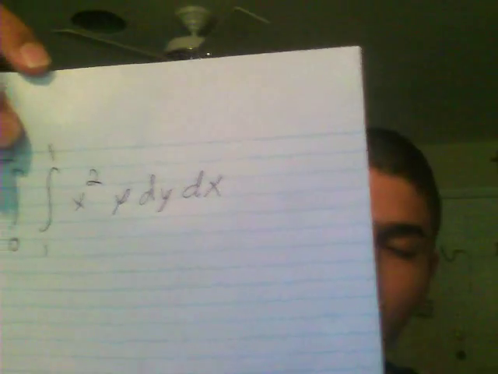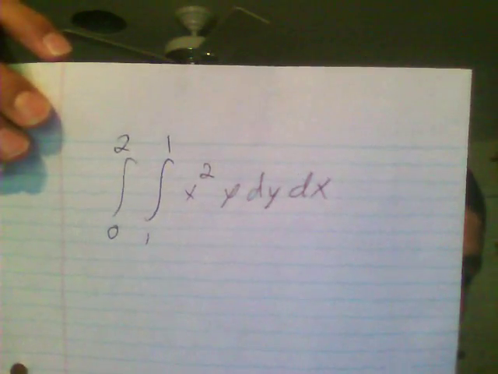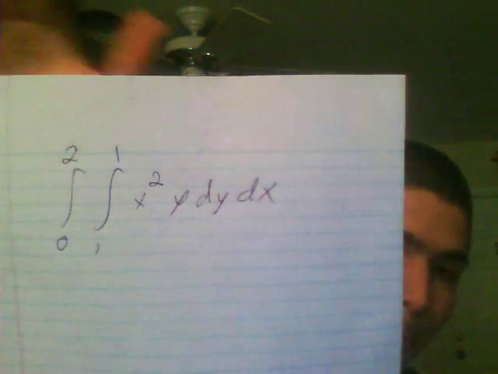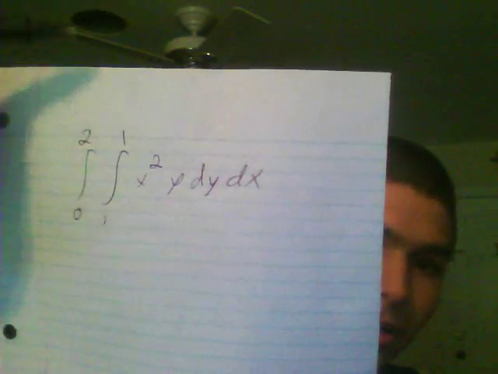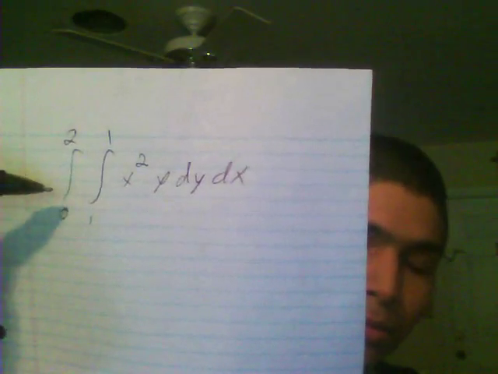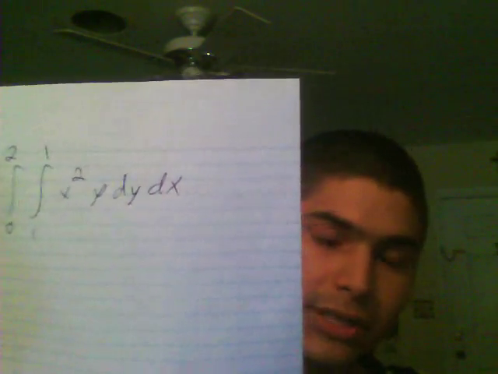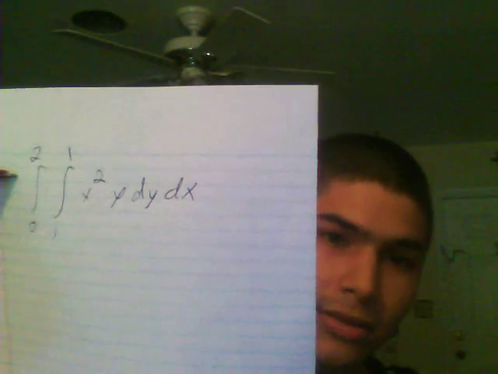I know we're going all over the place, but if you want to review, this is good. So it's integral 0 to 2, 1 to 1, x squared y dy dx. What we're going to do here is, because we have all numbers here, we're going to break this. We're allowed to do that because it's all numbers, no variables here. So let's break this. What I mean by that is we're going to multiply this by this.